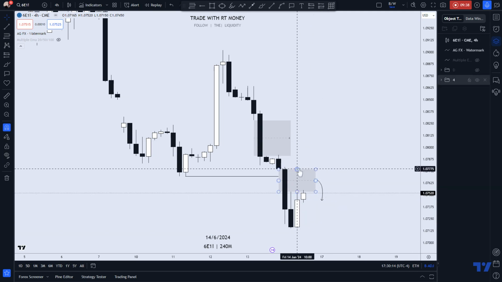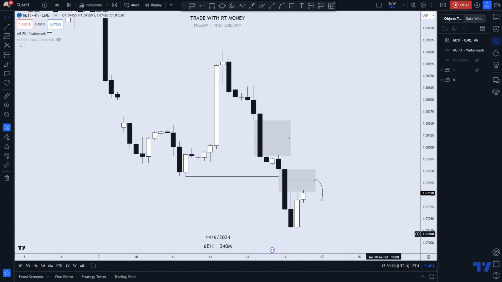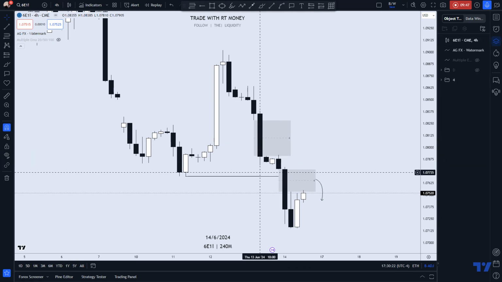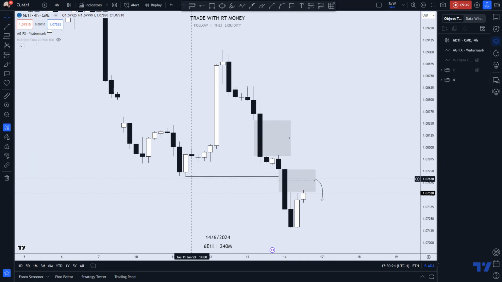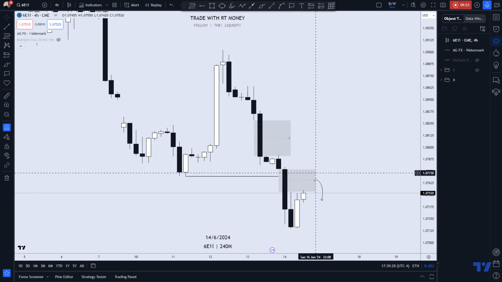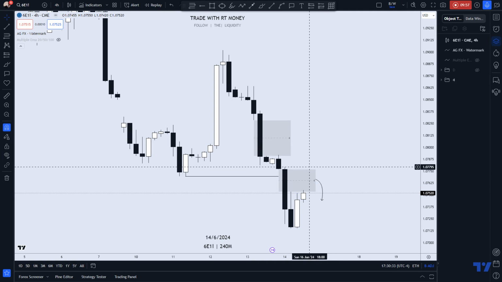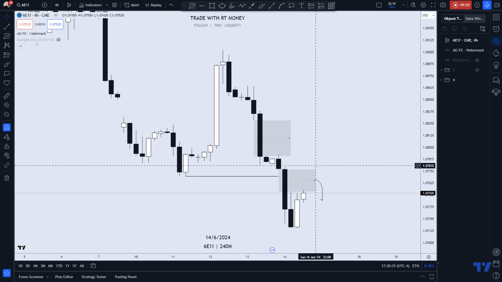All right, there is a chance that price takes out this fair value gap and comes up a little higher, but I'm still expecting price to continue down from this zone. You understand? It may come up to test these highs here. I mean these lows here. All right, but I believe that this fair value gap will not get closed above by a 4 hour candle.